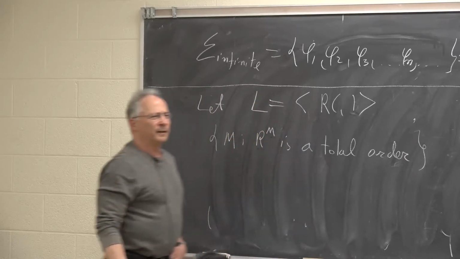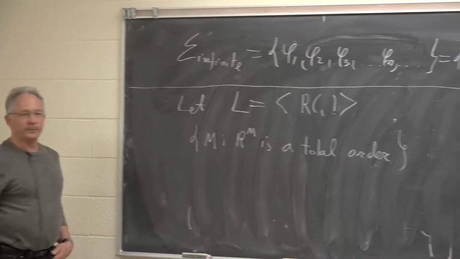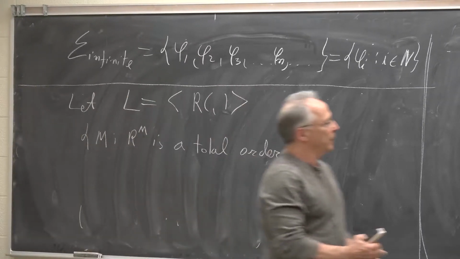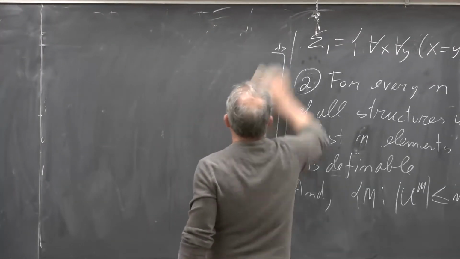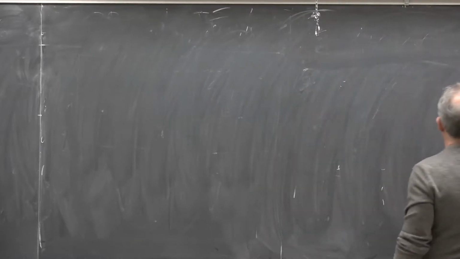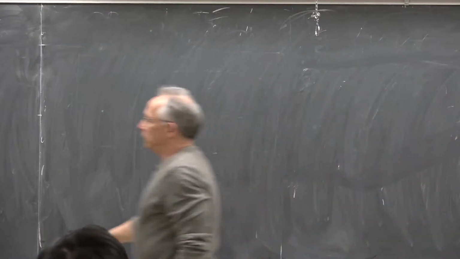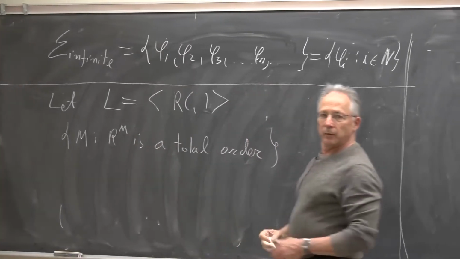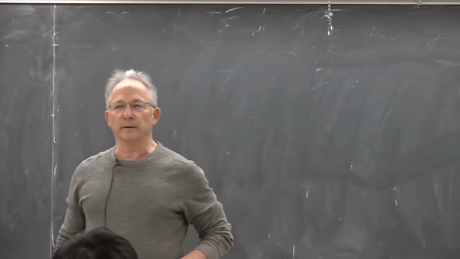Total order, I mean, it orders all of the elements of the structure, and it's an ordering. So now we get into really feeling how first-order logic can express everything that mathematics does. What do I have to say to make sure this interpretation is an ordering? What are the requirements of this relation?